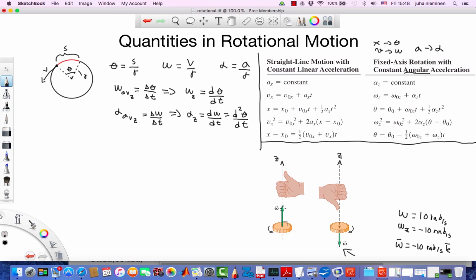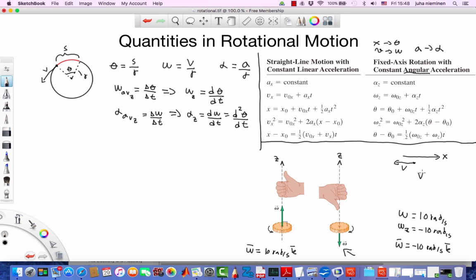And in this case on the left, the omega vector would be 10 radians per second in the positive z direction, so hence positive k. This is identical to the definition that, let's say, we have positive x direction that way, and then we have a particle that is moving to the left with the velocity v.